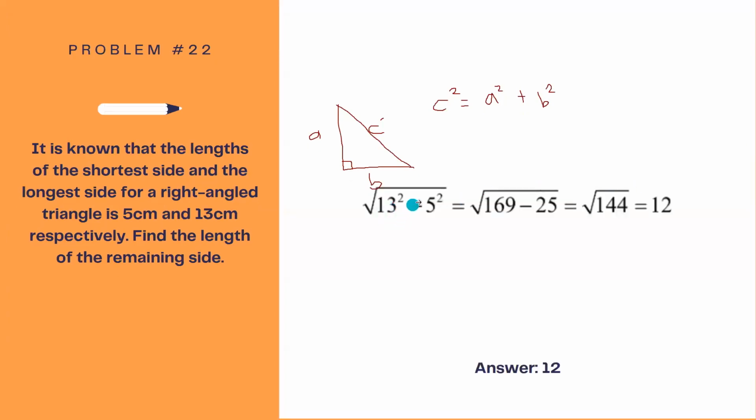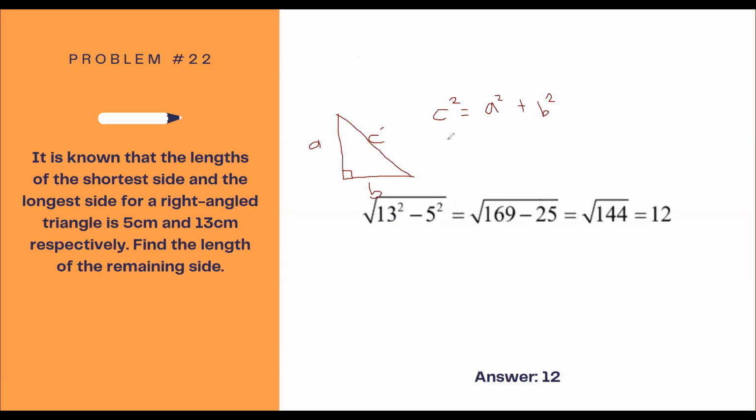So for this one, we have 13 squared. Let's say the remaining side will be the B. So we have to transpose, okay? So C squared minus, sorry, minus A squared, okay?